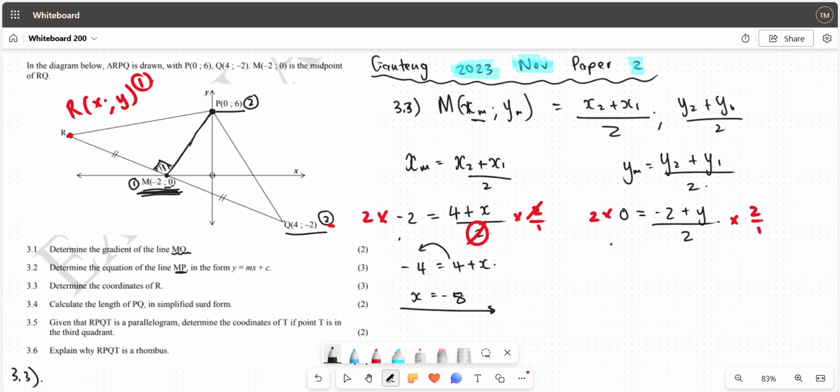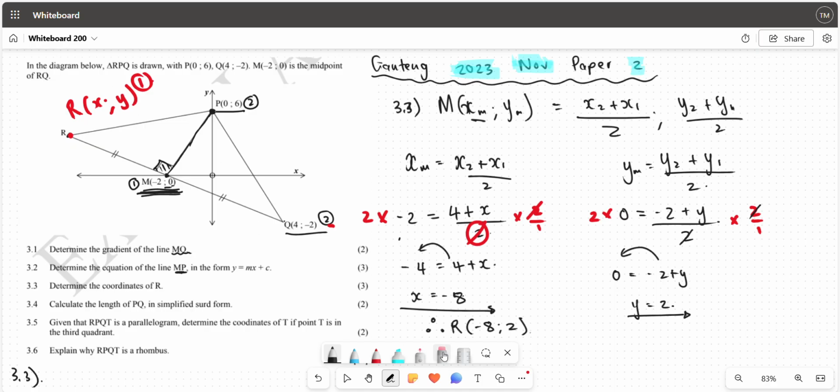And if you do that, 0 times 2 is just 0. So you're left with something that looks like that because of these 2's cancels. Then if you take the 2 to the other side, the negative 2 becomes a positive. And so those are your values. And so therefore, R is a negative 8 with a positive 2.